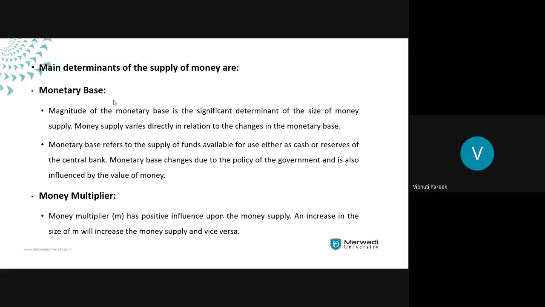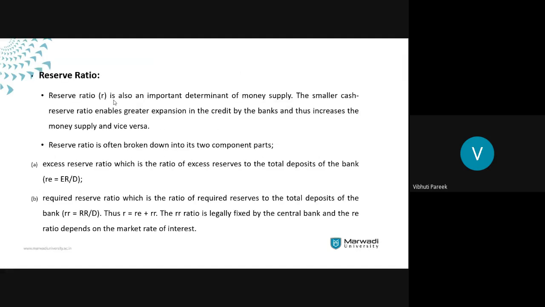When the marginal propensity to consume increases, the multiplier effect also increases. A similar thing is here. When the multiplier increases, the money supply also increases, and vice versa. When the multiplier falls, the money supply also falls.